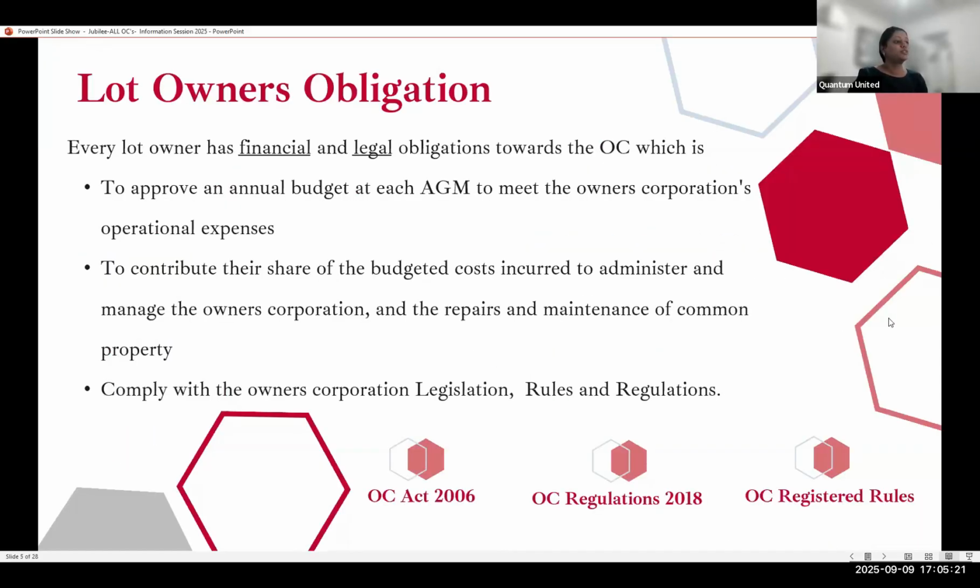Now, in terms of lot owners' obligations, every lot owner has a financial and legal obligations towards the owners corporation, which is primarily, but not limited to, approve an annual budget at each annual general meeting to meet the owners corporation's operational expenses. They also need to share their contribution for the budget and also comply with the owners corporation's legislations and rules.